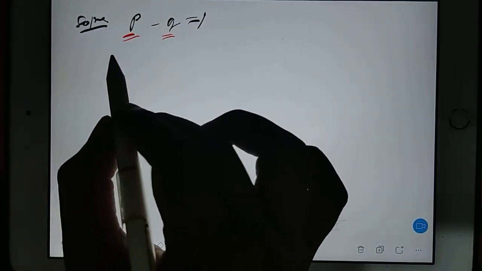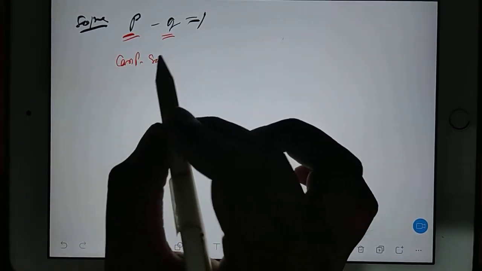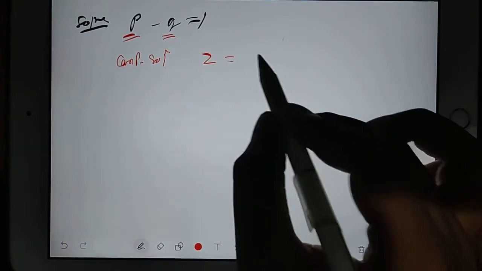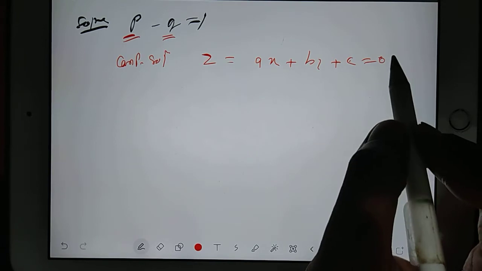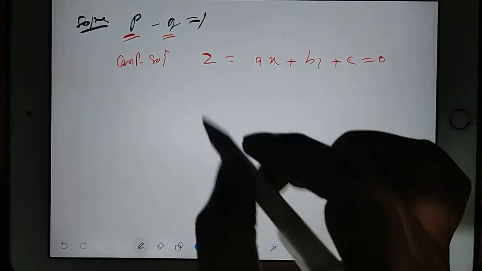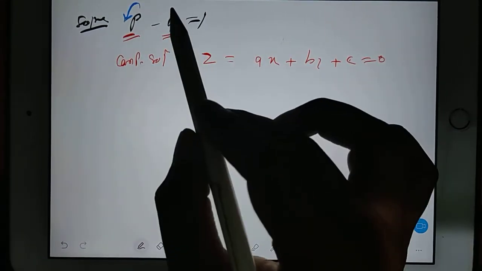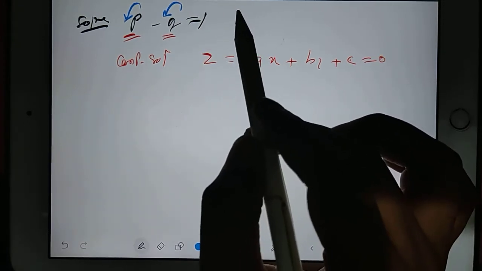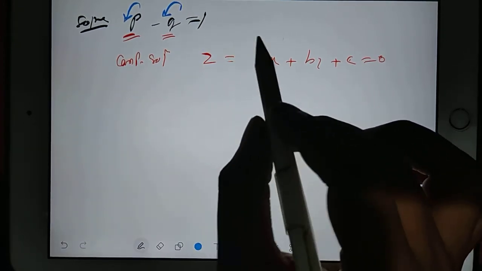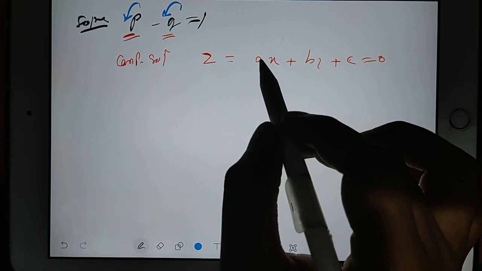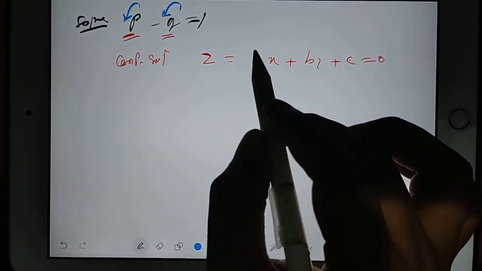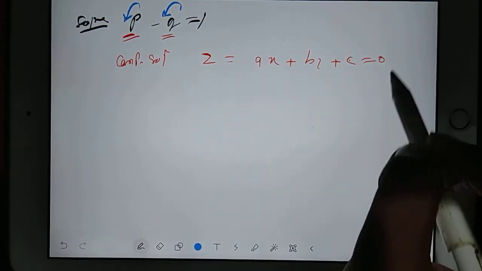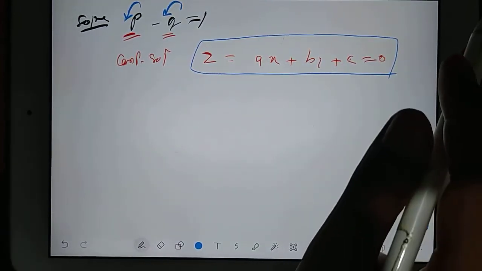So already you know the complete solution; you write it here. The complete solution, which you have to remember, will come as z = ax + by + c. Now find the coefficient of p, that is a, and the coefficient of q, that is b, right? Now see, how are you finding the solution? That solution is this ready-made solution.